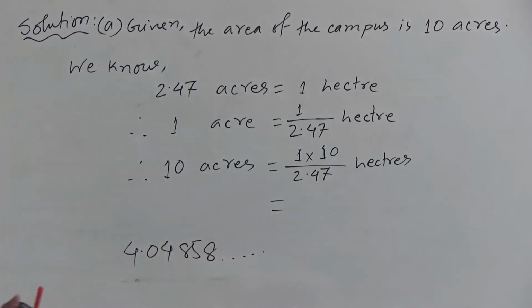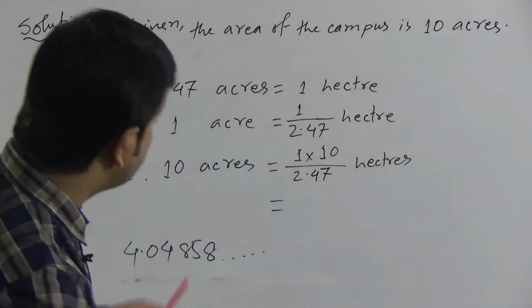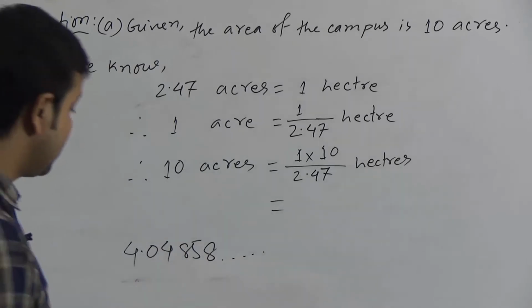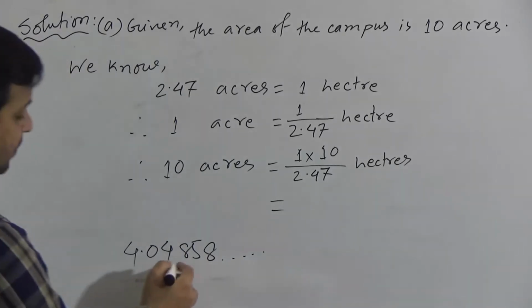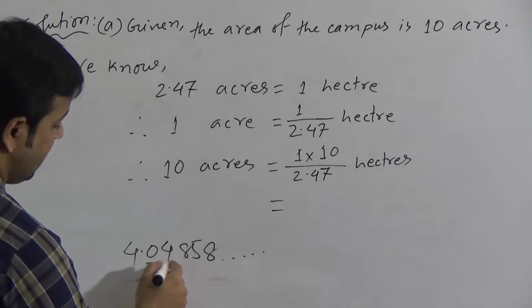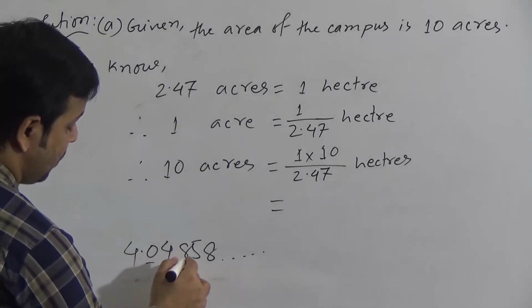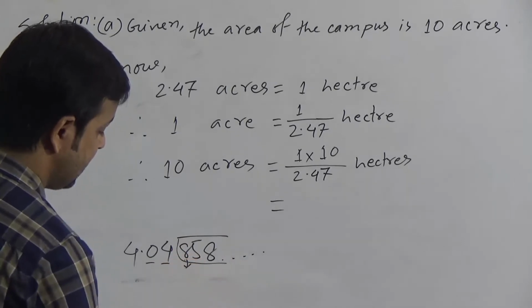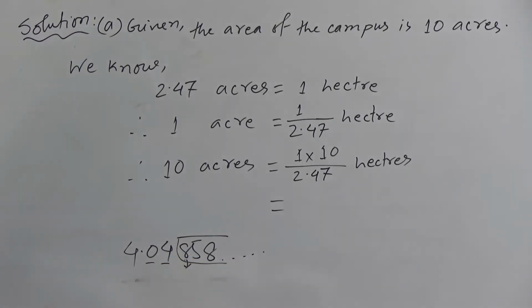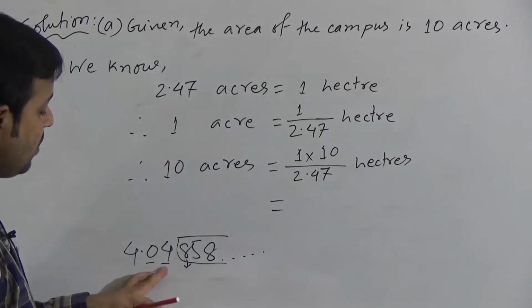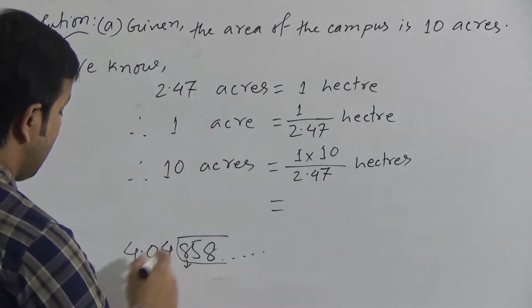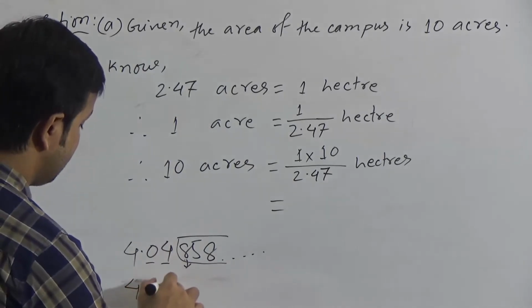But we don't want to keep more digits, just 2 digits after the decimal. Here the first digit, second digit, and we have to remove this part. This digit is 8, as this is more than 5, we have to add 1 with the previous one. It means we have to add 1 with 4. So the approximate value will be 4.05.